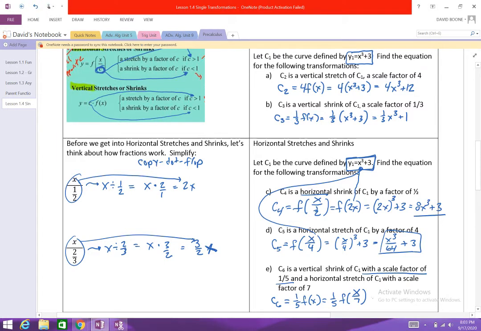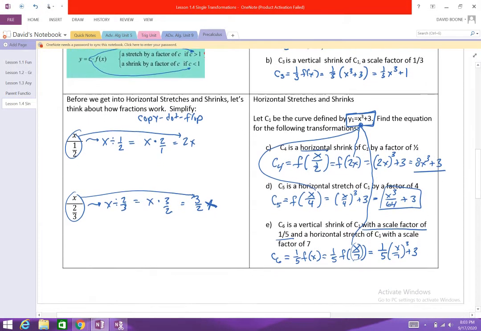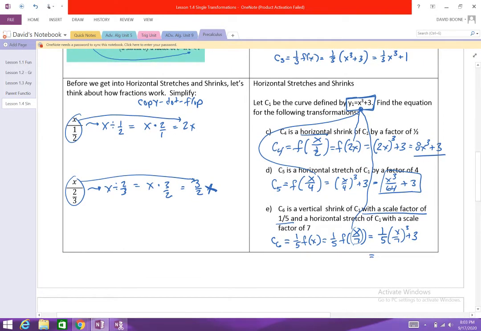So now what we got to do is solve this. We got 1/5 up front, so I'm going to take this x over 7. That's kind of getting put into that x. Okay, so that would be x over 7 to the third plus 3. Now if I just do a little math on this, we got 1/5, and then this would be the x to the third.